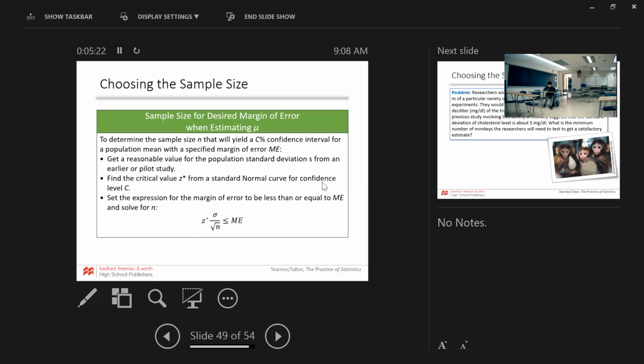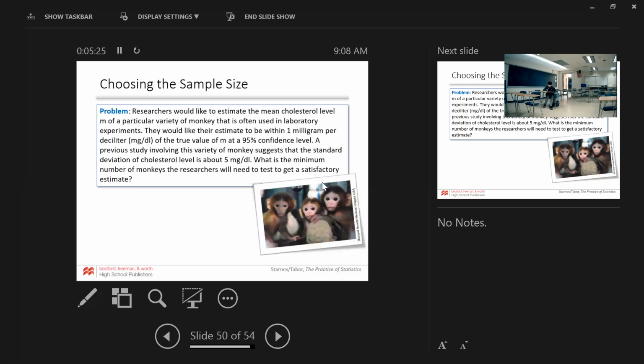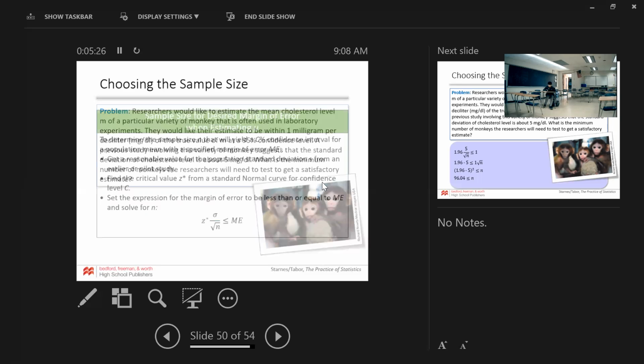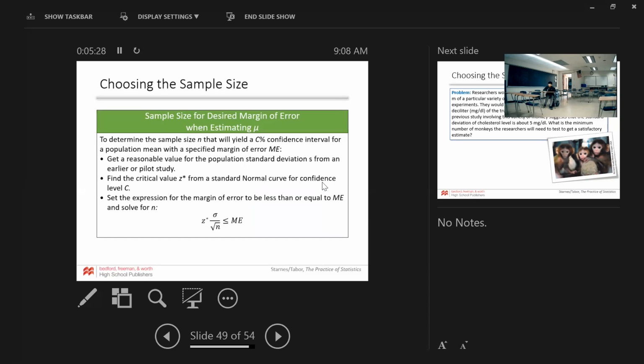We're going to go back to the z distribution, because if we did what they just asked us to do, work backwards, we don't know what t is without knowing what n is. That's what we're trying to find. So we're going to go back to as if we knew the parameter, the Greek sigma.